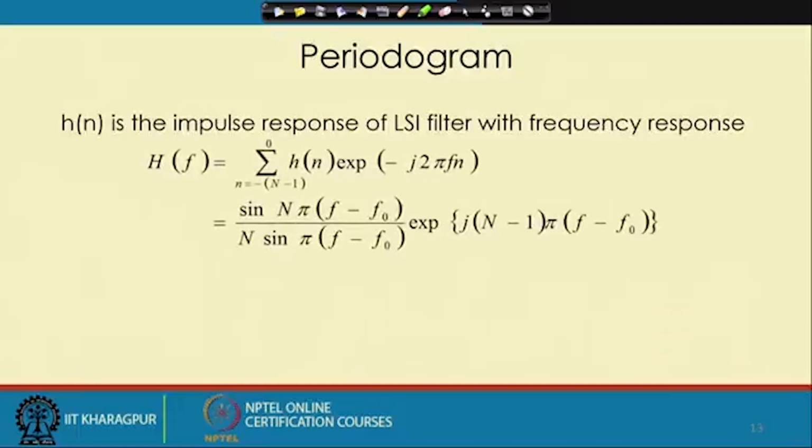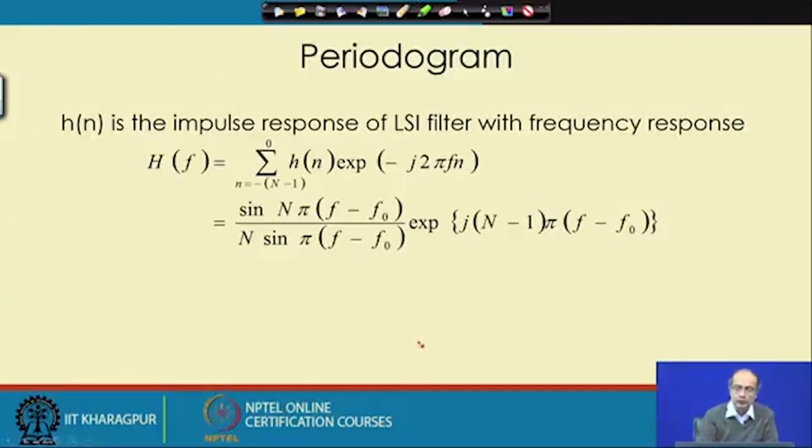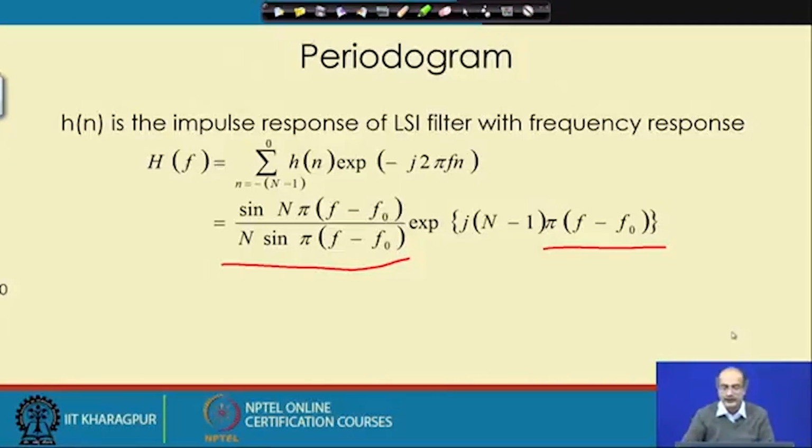We can take the Fourier transform of h n to find the frequency response, and what we get is a sinc function term, and then an expression exponential j n minus 1 pi f minus f 0.